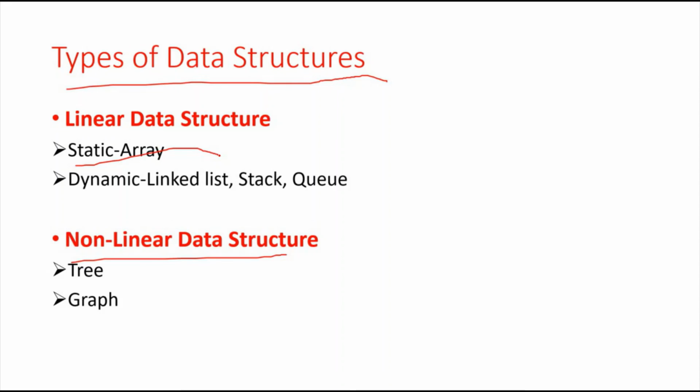And when we talk about dynamic linear data structures, those are linked list, stack, and queue. They grow at runtime. Okay, they don't have any fixed size. Here we have non-linear data structures. Non-linear data structures are trees and graphs.